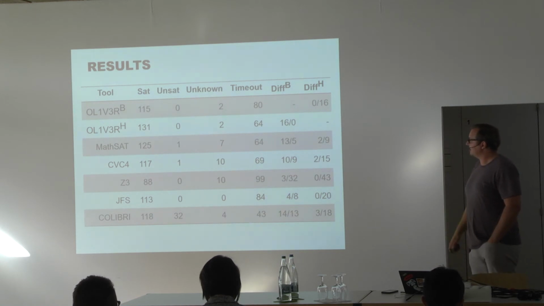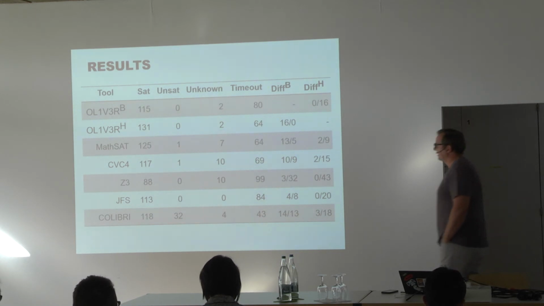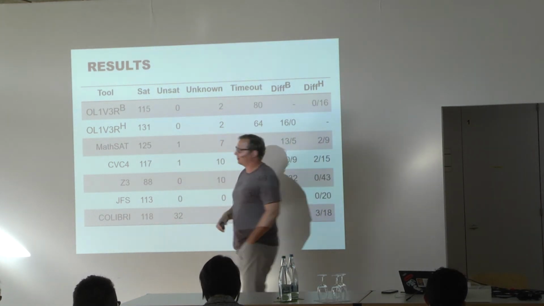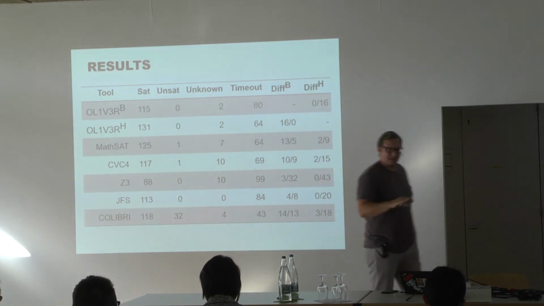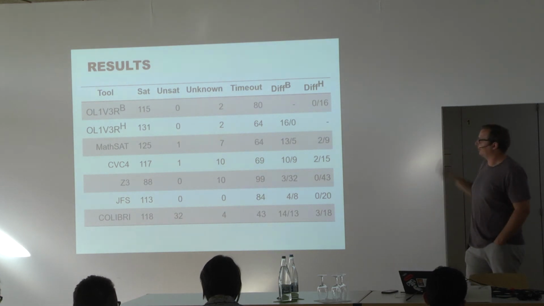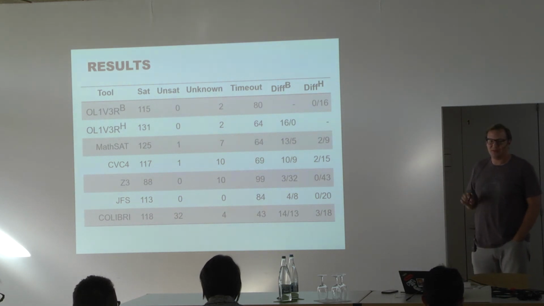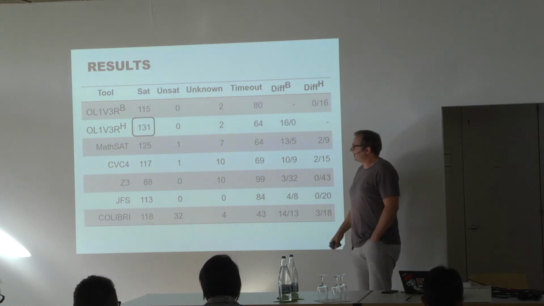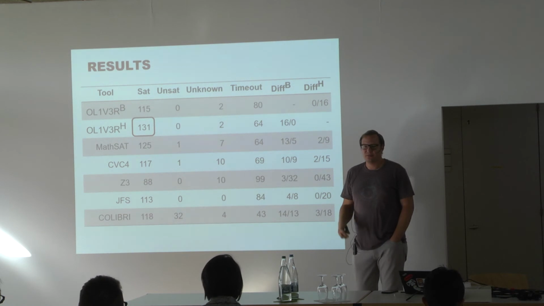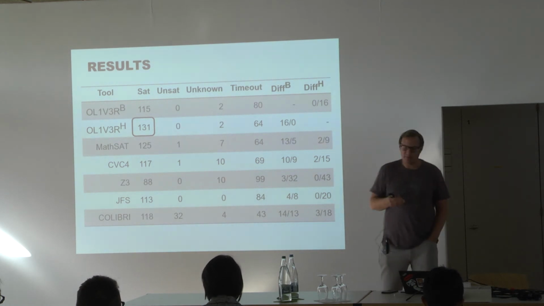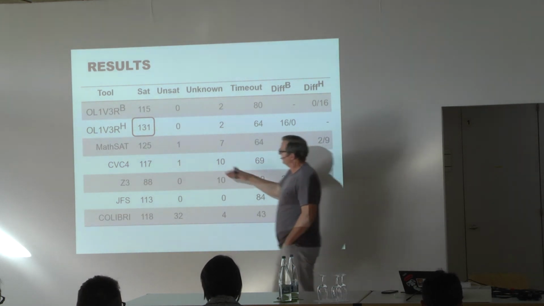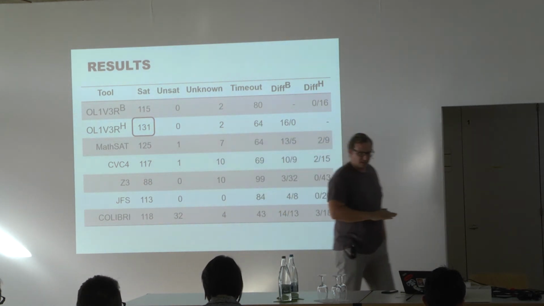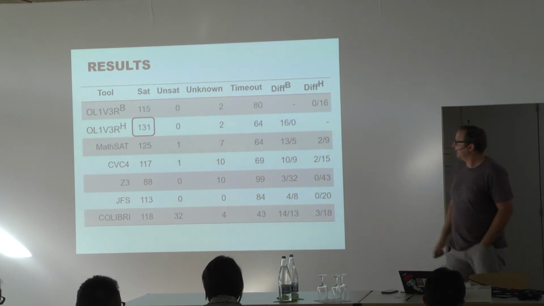So here are the results. Let's focus on Oliver H. That's the one that turns on all the heuristics. Oliver is the name of our tool, and Oliver B is Oliver without heuristics. So in terms of the number of benchmarks for which it returns SAT, it can solve the highest number of satisfiable benchmarks, more than any other tool.